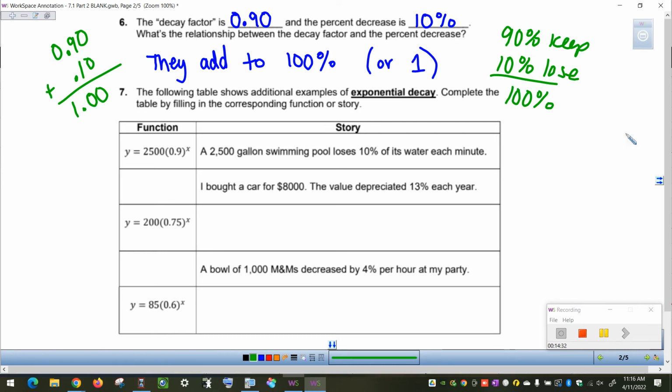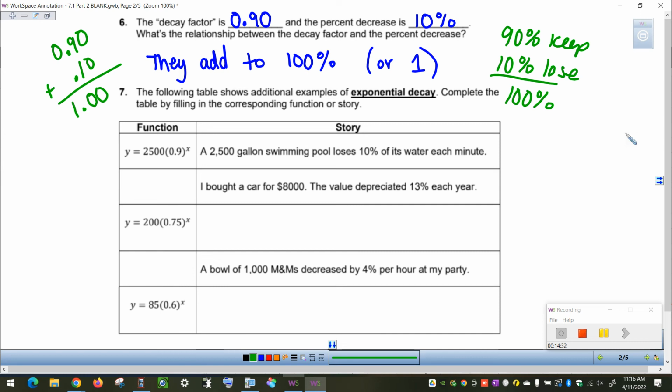So I have a bowl of a bunch of M&Ms, and it's decreasing by a certain percent every hour at my birthday party. Another story that I like to think about is I have an overweight cat. So I put him on a diet, and he's losing a certain percent of his weight every week. So you can get creative with the stories here and think about something being lost.